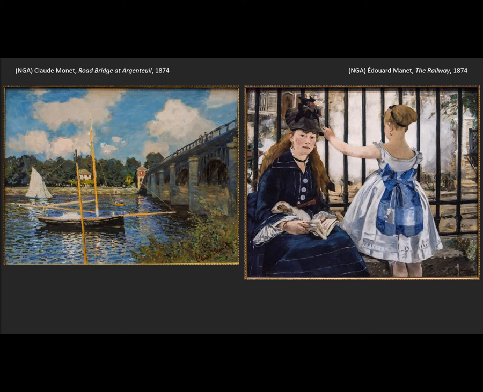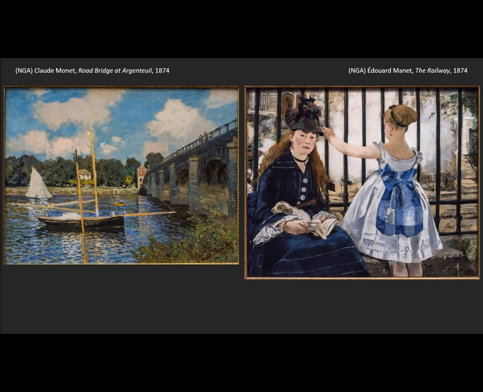Third thing, there is no single style for Impressionism. When we talk about Impressionism, we usually talk about Monet. We talk about broken brushwork, right? We talk about an interest in light. But not every impressionist painted in that way.